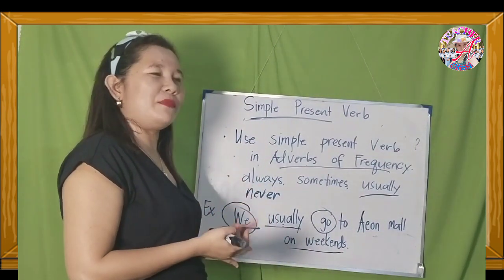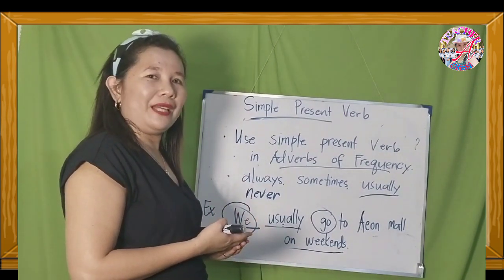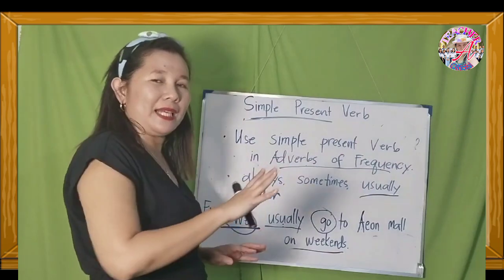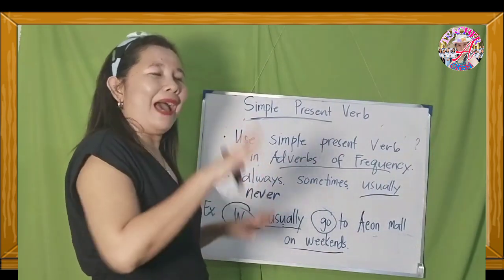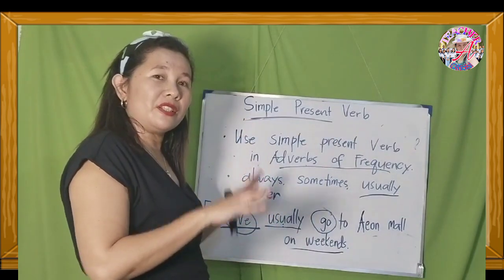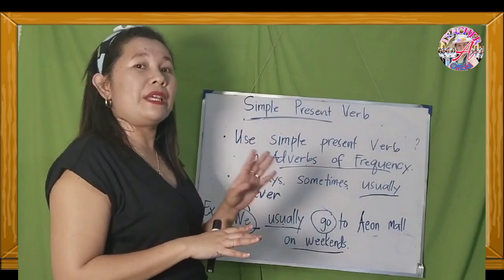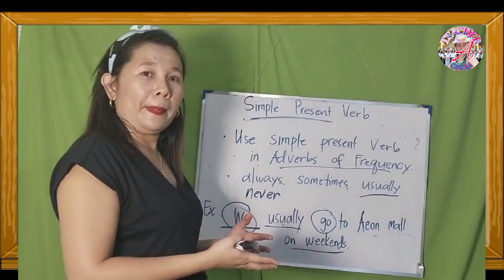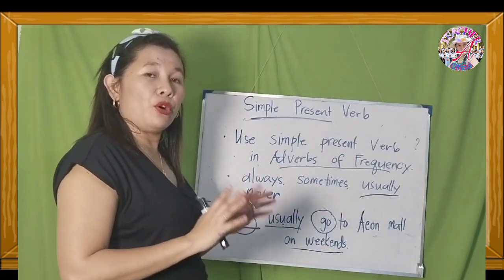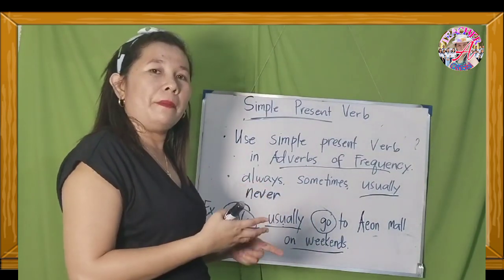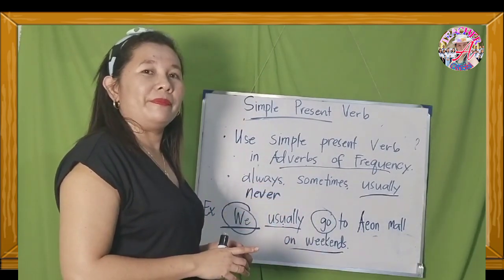We have always, sometimes, usually, never. So you have to take note of your subject. If the subject is singular, you have to add S or ES to the verb. If your subject is plural, do not add S or ES to the verb. Meaning, the verb remains in the base form.